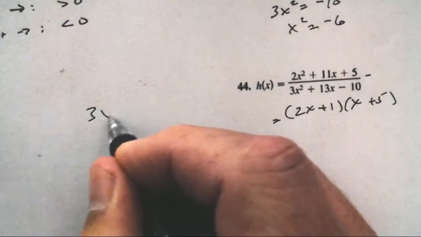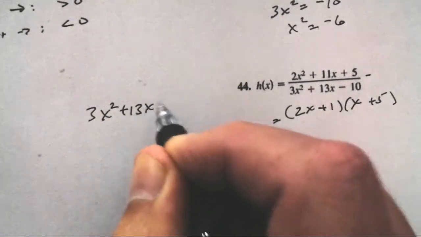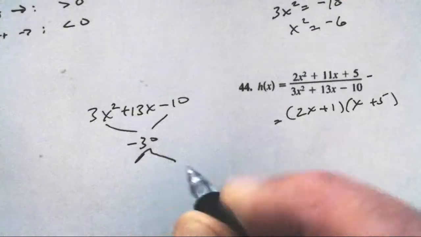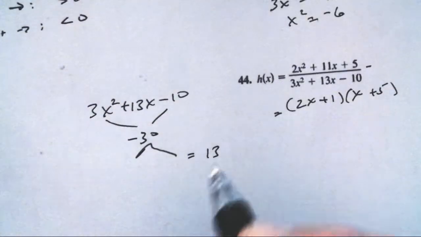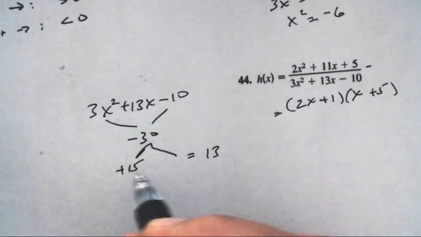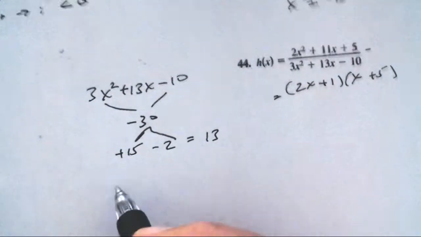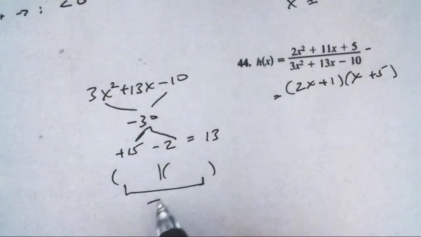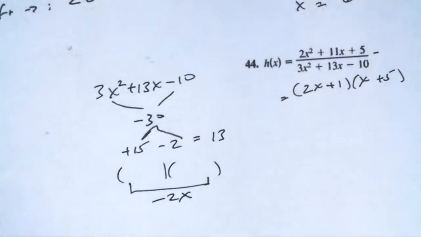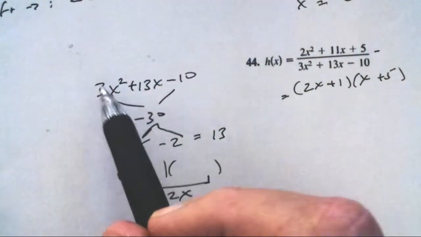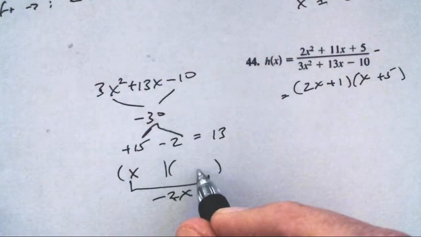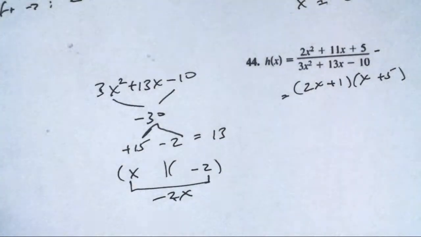We'll go 3x squared plus 13x minus 10. Factors of -30 that add up to 13 would be positive 15 and -2. I'm going to choose outside factors of -2x. The biggest factor of 3 that divides into 2 is 1x, so I need a -2 here.